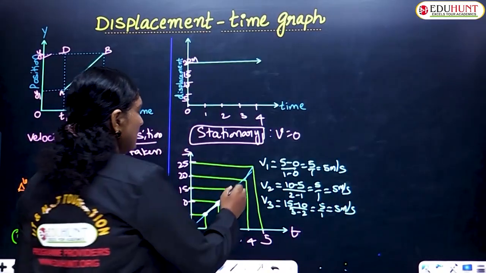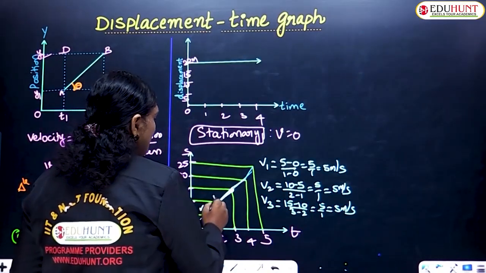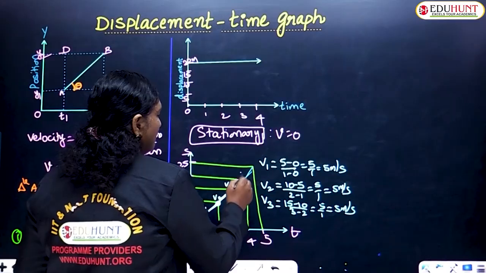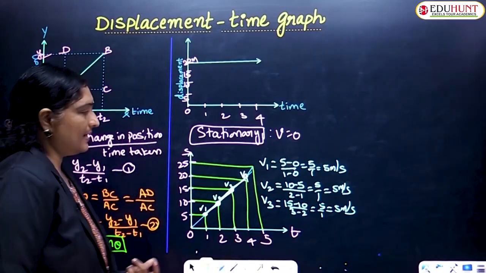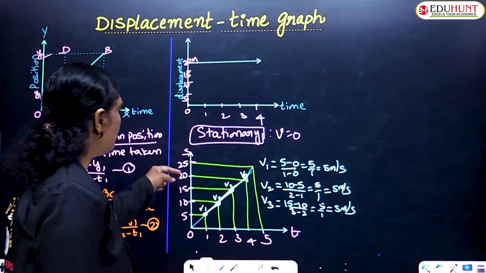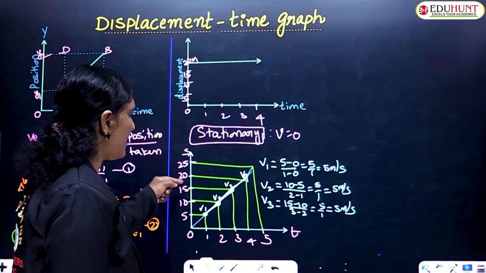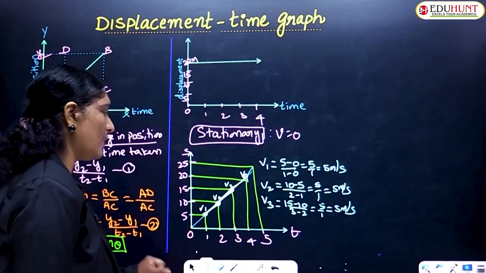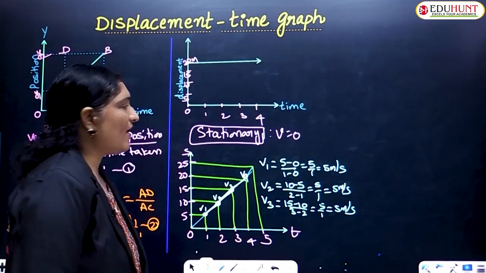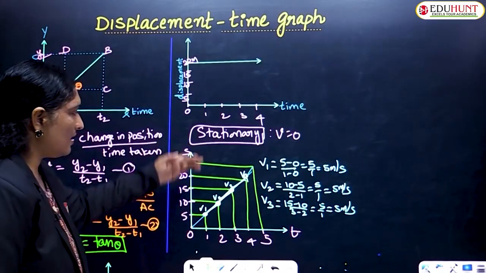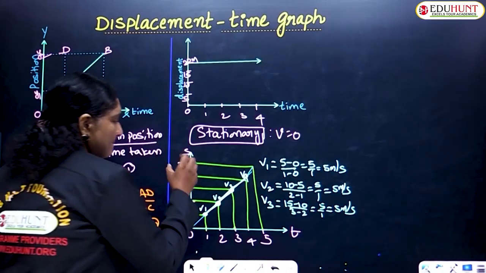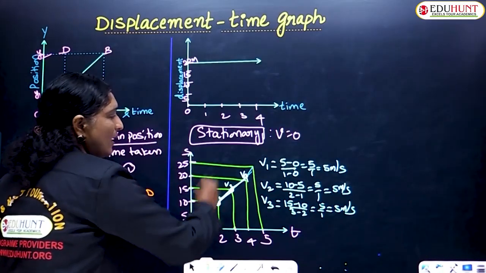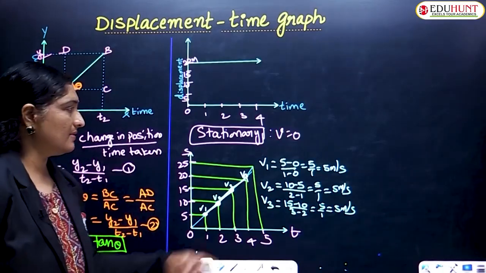Similarly, V4 at this position, this is V1, V2, V3, V4. For V4 we have 20 minus 15 is 5 upon 4 minus 3 is 1. 5 by 1 is again 5 meter per second. So from this we can observe that the particle covers equal displacements in equal intervals of time.